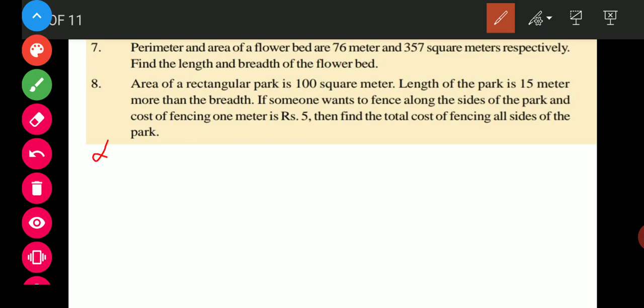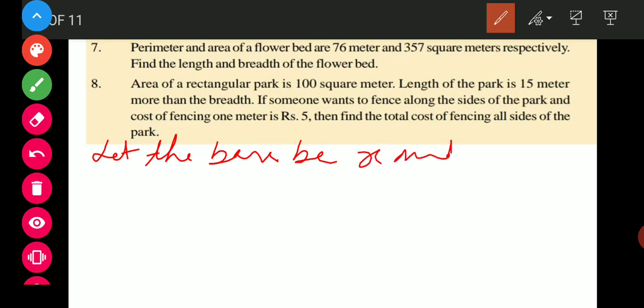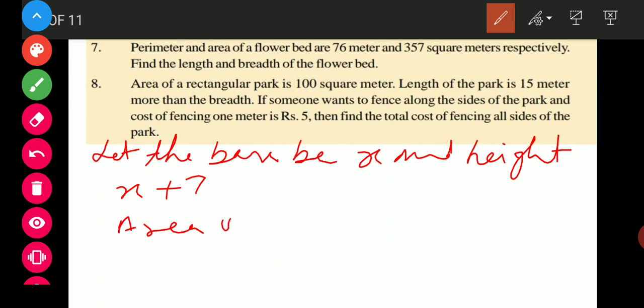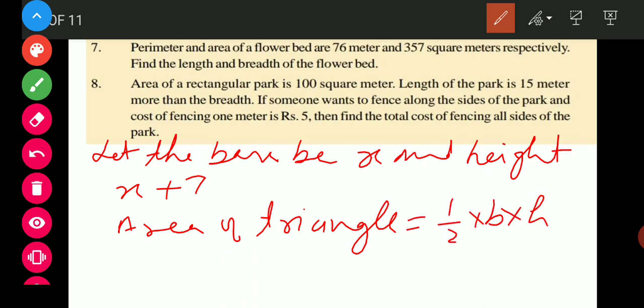Let the base be x and height x plus 7. So area of triangle is equal to half base into height.